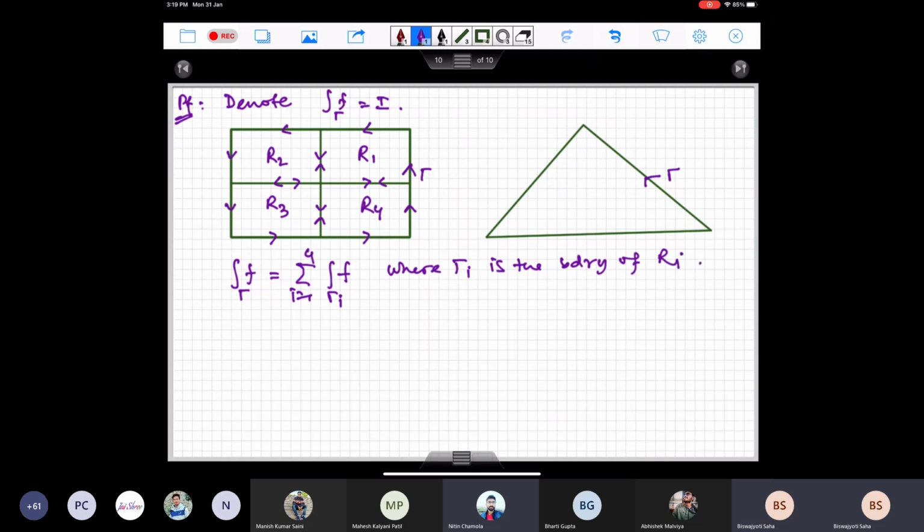Tell me if you agree to this or not. Yes, sir. Why is it true? Because the internal parts that are formed have opposite directions, so they will cancel. Very good. That's why. Exactly.